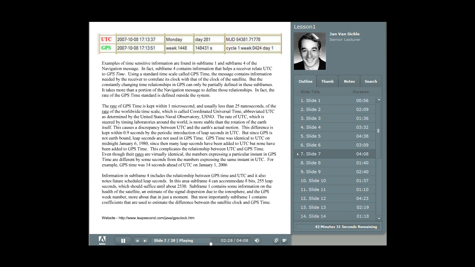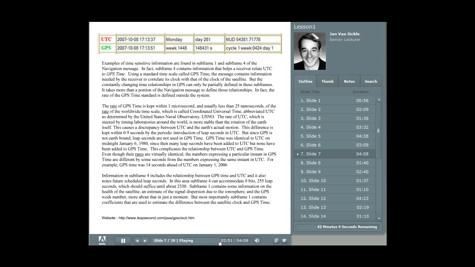Now, of course, the oscillators or clocks in the satellites have a tendency to drift. They're not perfect timekeepers, and they're affected by several things, moving in and out of the shadow of the Earth, gravitational changes, and so on, cause the clocks to not oscillate perfectly.